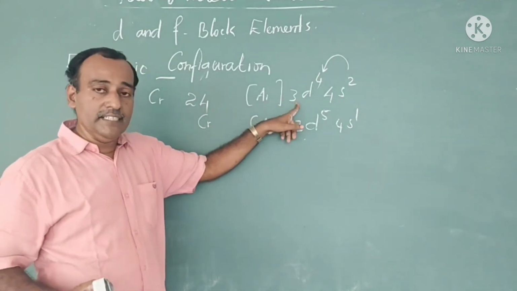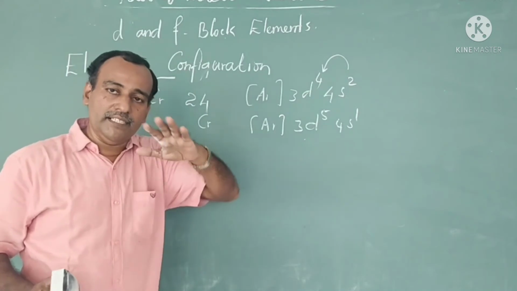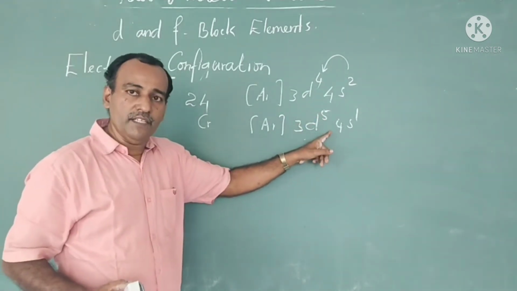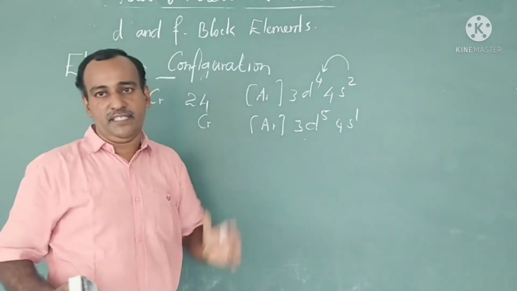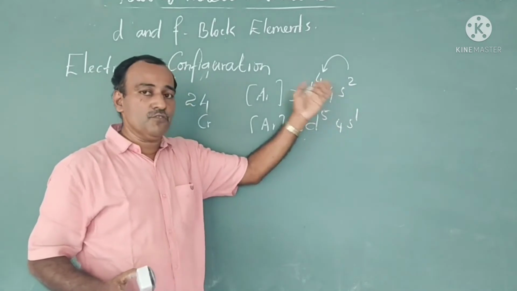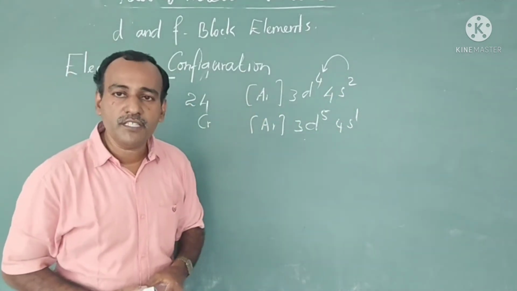Because 3d contains 4 electrons, and we all know that if the d orbital contains 5 electrons, it is half filled. 5 electrons means half filled, and a half filled state is a stable state. To maintain the stability, one electron is shifted from 4s to 3d. How is it possible?